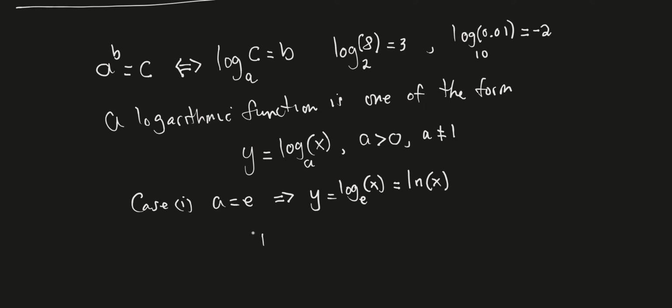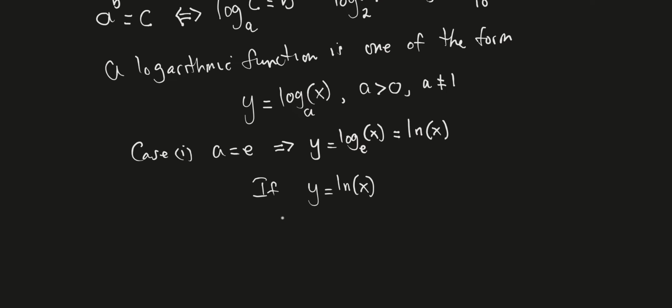So if y is equal to the ln of x, I said that every exponential equation can be written as a logarithmic equation, so it should make sense that every logarithmic equation can be written as an exponential equation.